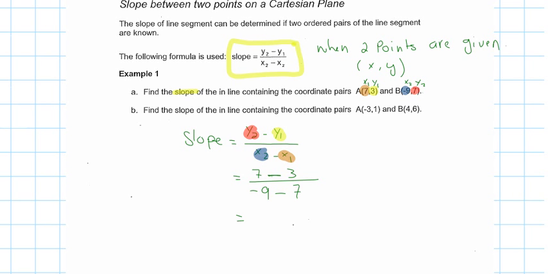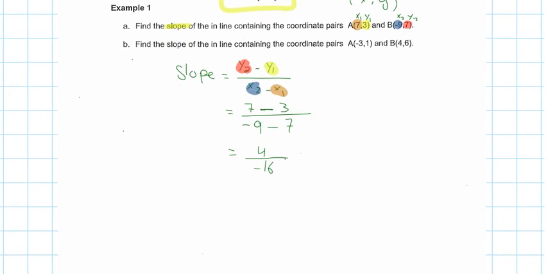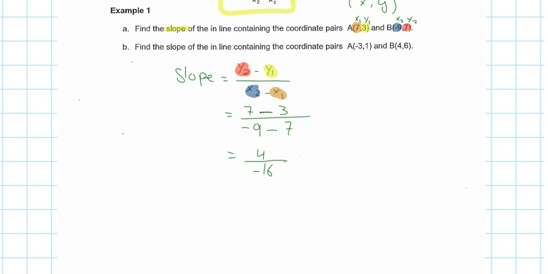So 7 minus 3, that is 4, over negative 9 minus 7, that's negative 16. And then if I want to simplify this, can I divide both of them by 4? Yeah. Both 4 and 16 are divisible by 4. I want to reduce, okay?